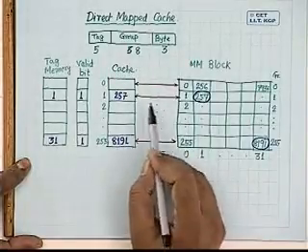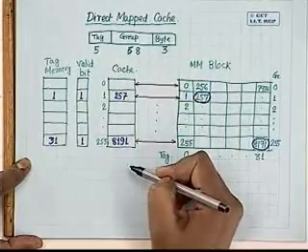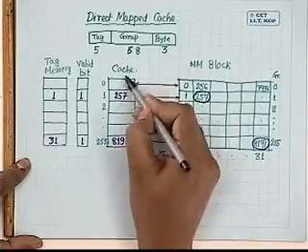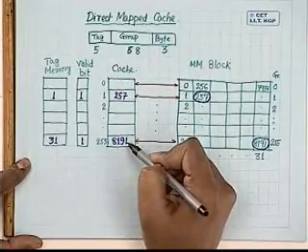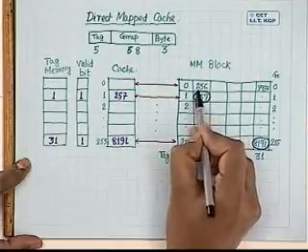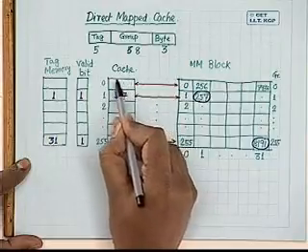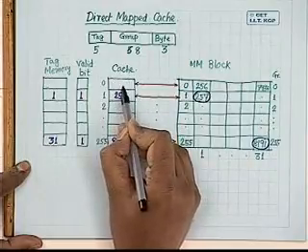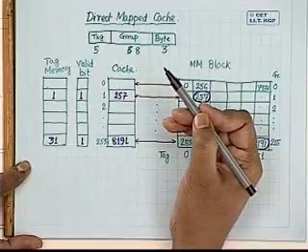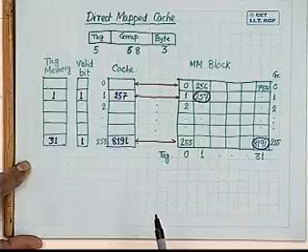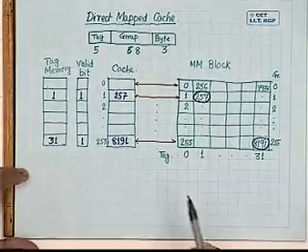Whereas in case of associative memory, since this block can reside anywhere in the cache, it is quite likely that at least one of the cache lines will be free whenever this block is to be placed in the cache memory. But here, since this block can come only in this cache line, the probability that this cache line will be occupied by some other block is very high. So that may lead to more cache misses, whereas in case of associative memory, the number of cache misses may be less.